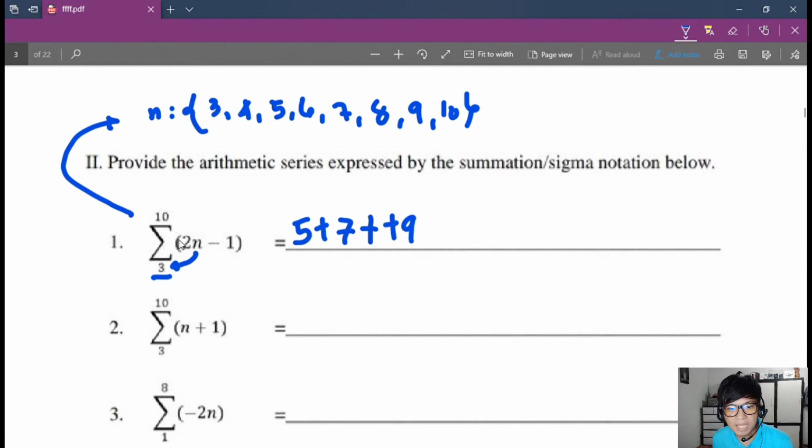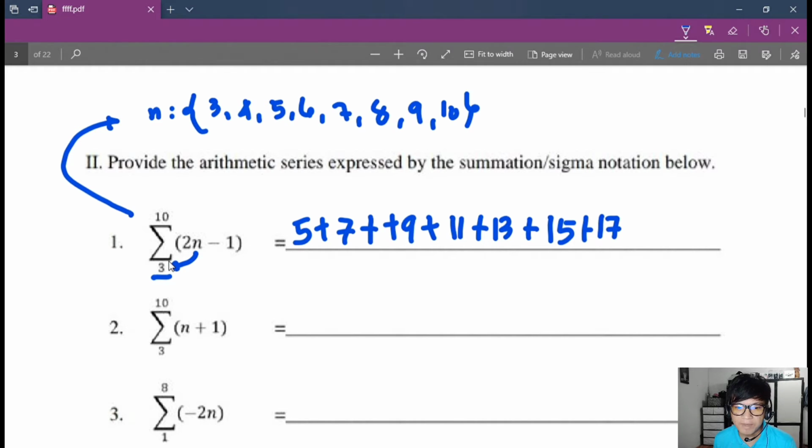So, para hindi na tayo mag-substitute dito, we know the pattern here. I-continue lang natin by adding successively. So, 9 plus 2 is 11. Plus 2, 13. Plus 2, 15. Plus 2, 17. Ilang terms ba ito lahat?